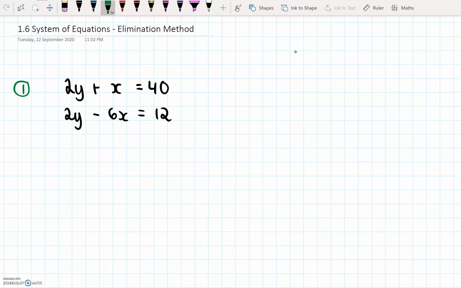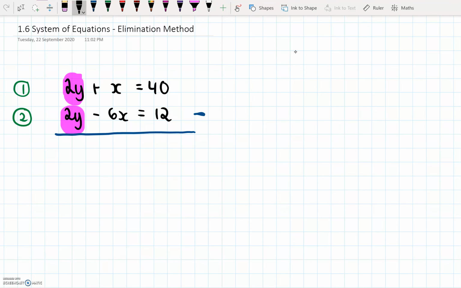We have equation 1 and equation 2, all right? Now, to eliminate something from this, you can see here that we have 2y and 2y. Okay, they're the same. So what we can actually do is simply draw a line underneath them and do a subtraction here. So we're going to do equation 1 minus equation 2.